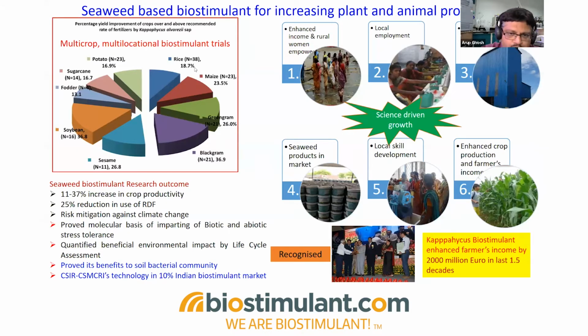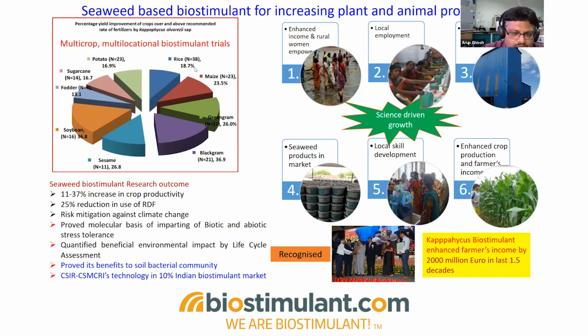Now, what was the salient research outcome? We found an 11 to 37% increase in crop productivity. In several of these experiments, we tried reducing the dosage of the fertilizers, and we found that a 25% reduction in the use of the recommended dose of chemical fertilizers is possible.